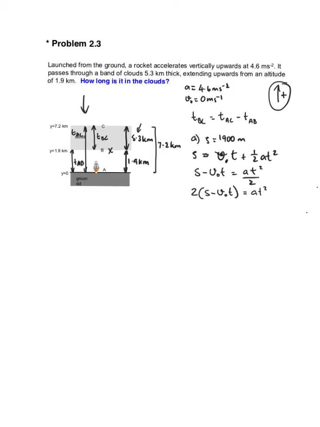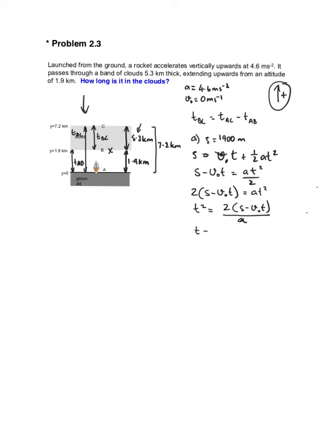If I divide through by A on both sides, I get T squared equals 2S minus 2 V naught T, all over A. And then I just need to square root both sides and I'll get T by itself.